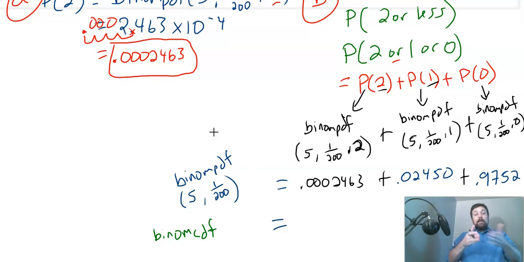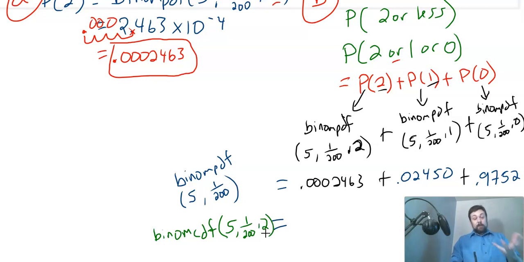I'm still having to find each one separately and then add them together manually. Binomial CDF will do all that for you. It'll calculate those probabilities and add them for you. So you really don't have to do anything except type in Binomial CDF with the right numbers. So type in 5 for the number of trials, 1 over 200 for the probability of a success, and we're going to type in 2.